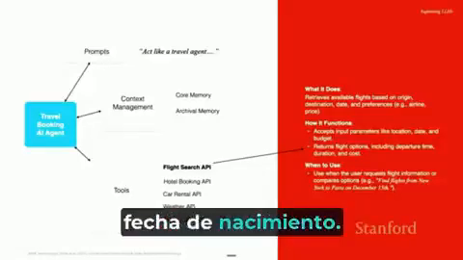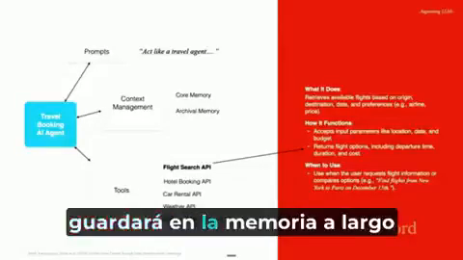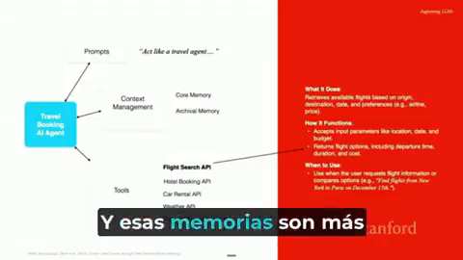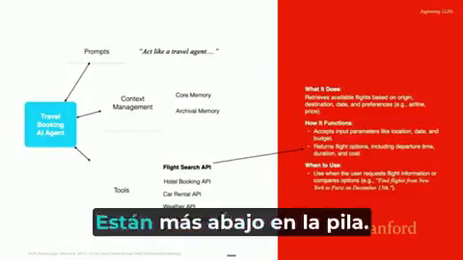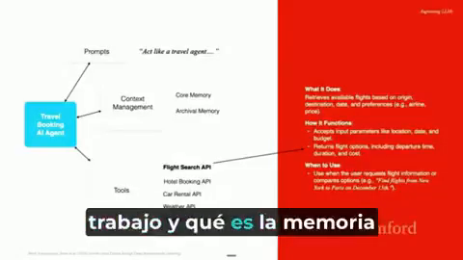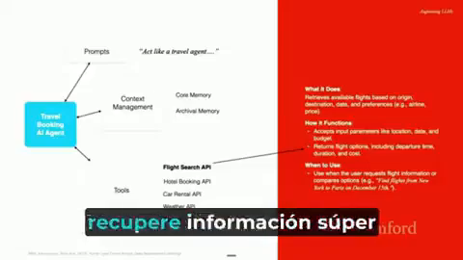And I give it my birthday. Does it need my birthday every day? Probably not. So it's probably going to park it in the long-term memory or the archival memory. And those memories are slower to access. They're farther down the stack. That structure allows the agent to determine what's working memory and what's long-term memory, and that makes it easier for the agent to retrieve super fast.